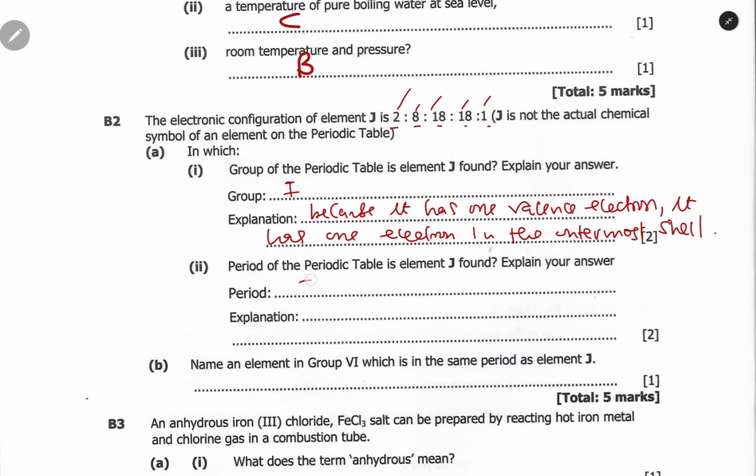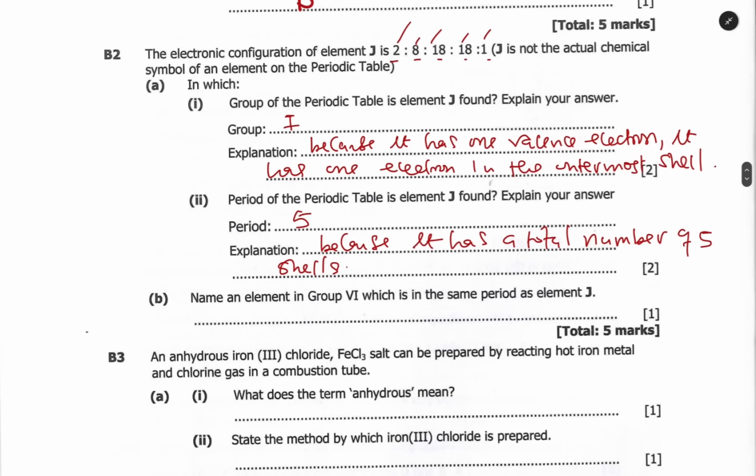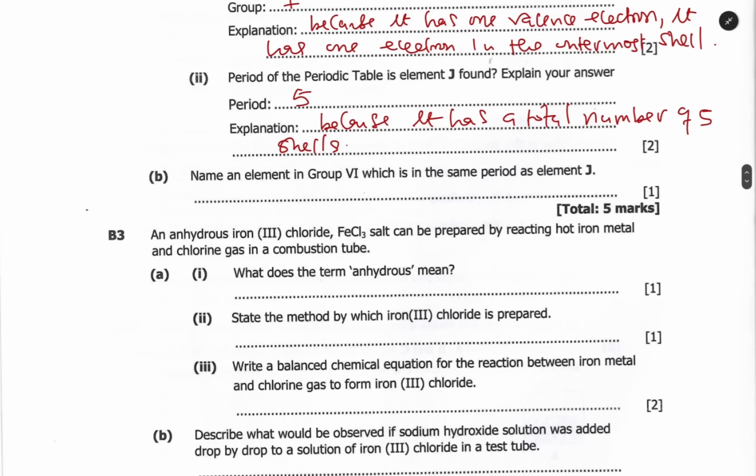So this one belongs to period 5, because it has a total of 5 shells. The number of shells determines the period in which you find the element.